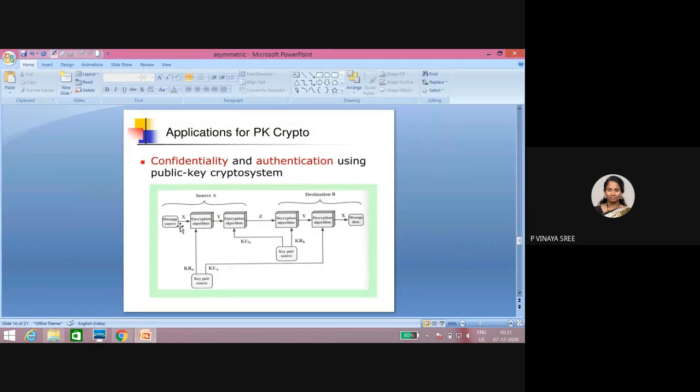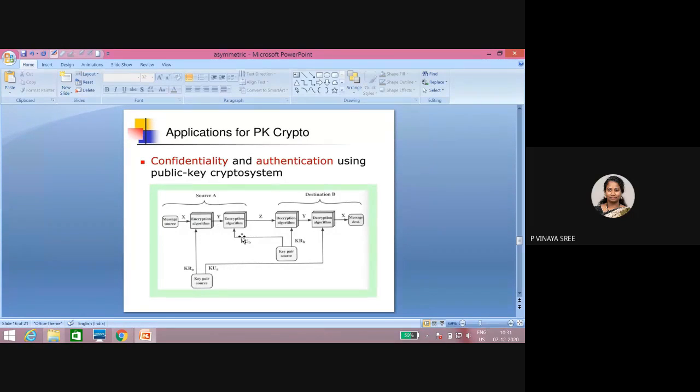So let's see here, this diagram is very important. Try to concentrate. Sender A, receiver B. So first we go for authentication, then go for confidentiality. This is the message sender A wants to send, encrypted with the private key of A, which is authentication.